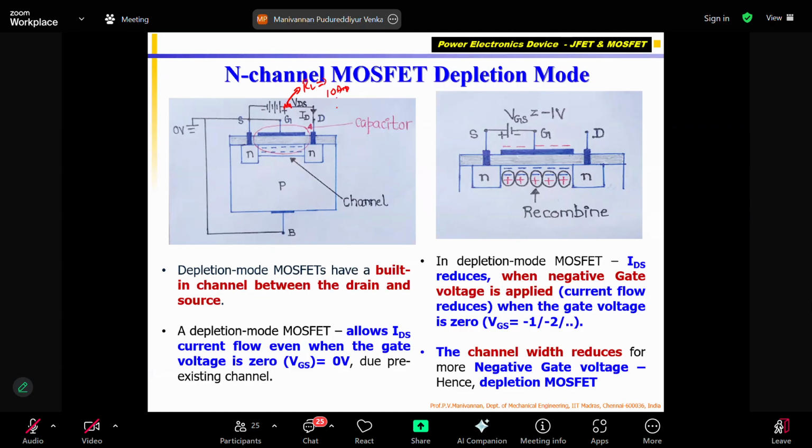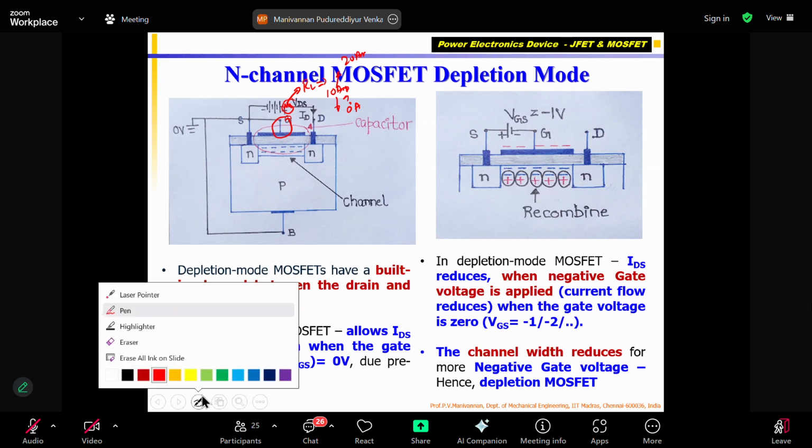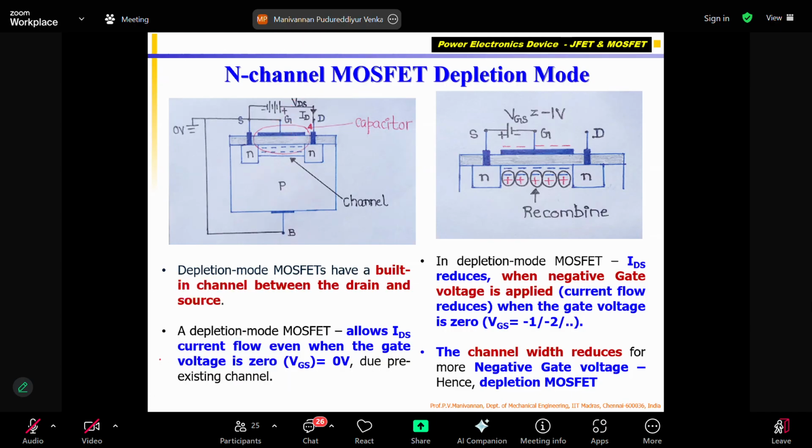Then I want to increase or decrease the current, to 0 amps or to 20 amps. Normally the load current is 10 amps, and by giving a gate control voltage VGS I want to vary it from 10 to 9, 8, 0 or 11, 12, 13. To do that, the best thing is to use a depletion mode MOSFET. Again, you have to give a power supply VDS between drain and source, and give the control voltage.